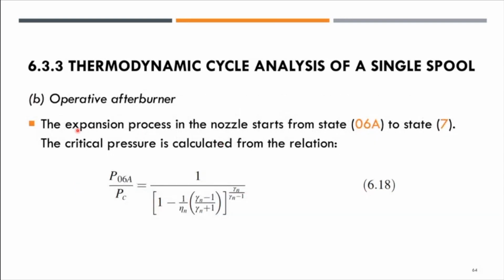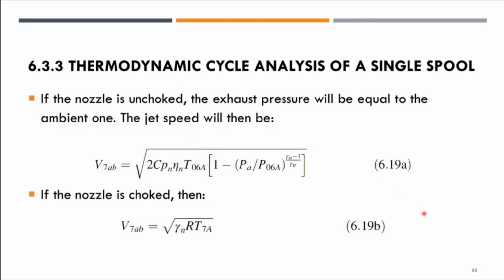For operative afterburner, the expansion process in the nozzle starts from 6A, when it has afterburner, to state 7. The critical pressure is calculated from this equation, named equation 6.18. We will try to stop right after we finish this particular part 6.33. If the nozzle is unchoked, the exhaust pressure will be equal to the ambient and the jet speed will be expressed as 6.19A.